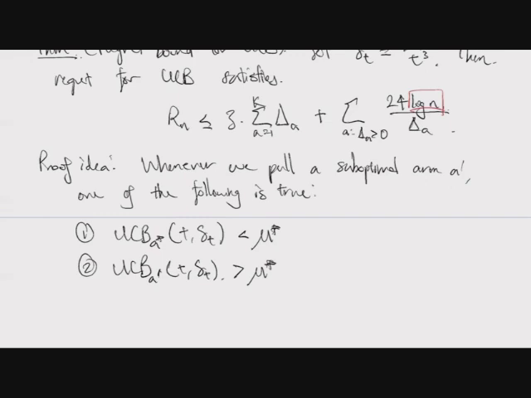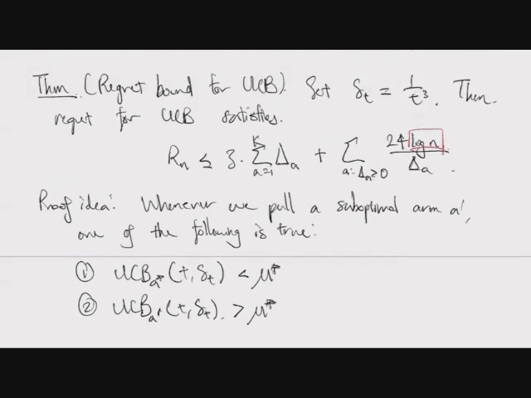So condition 2 is only going to hold for a few rounds before it stops being the case. In sum, because this holds for every suboptimal arm A prime, this allows us to control the number of times that we pull each suboptimal arm, and that's going to give us the regret bound that we have up here.